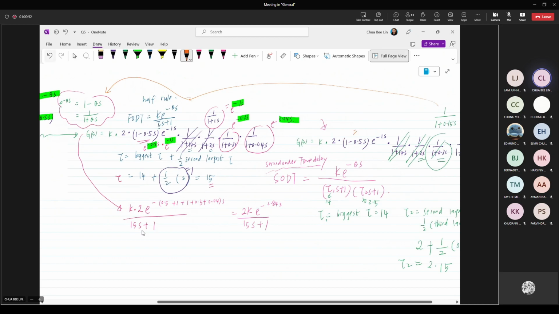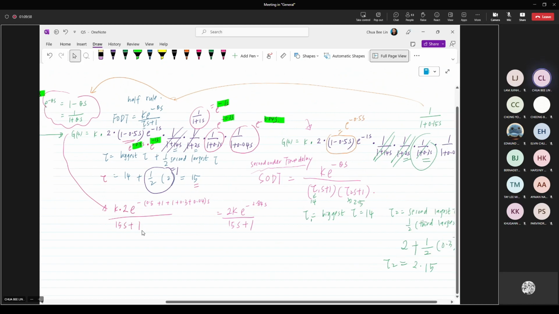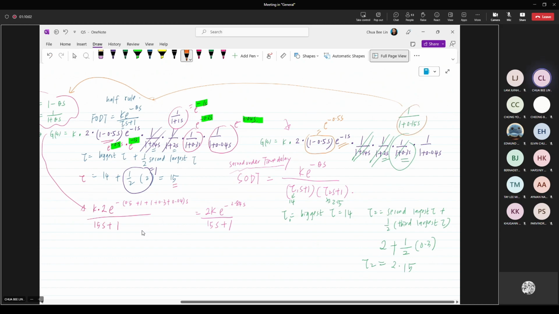This will give you e minus 0.5s. And this one, you already originally have. And this one will give you e negative 0.15s. And this one will give you e negative 0.04s.